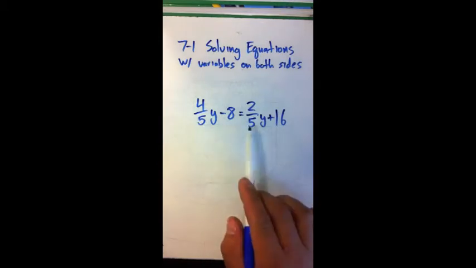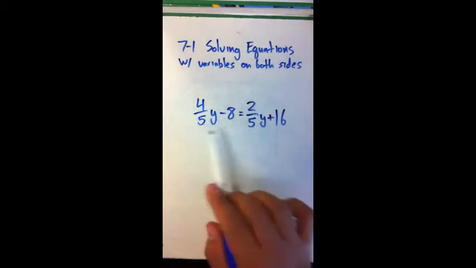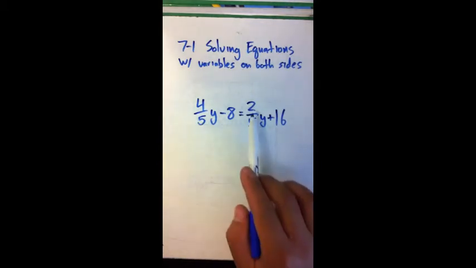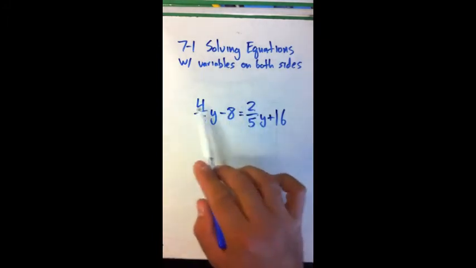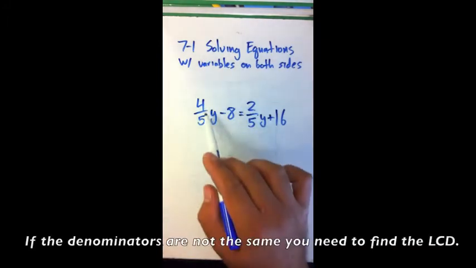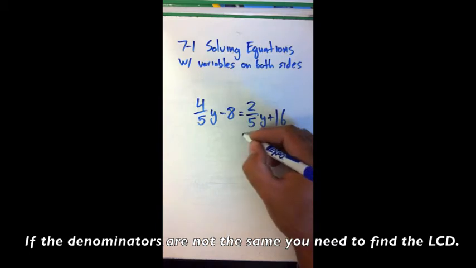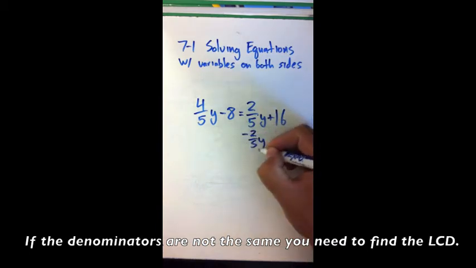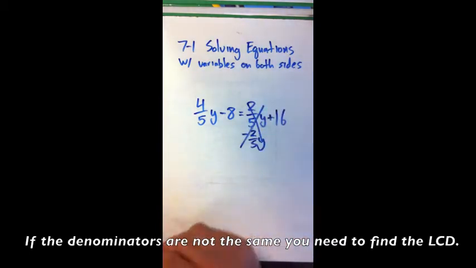Here we're fortunate because both these fractions for the variables have the same denominator, so it's easy to tell by looking at the numerator which one's smaller. 2/5 is obviously smaller than 4/5. So what I'm going to do is subtract 2/5 y from 2/5 y, which is going to cancel it out.